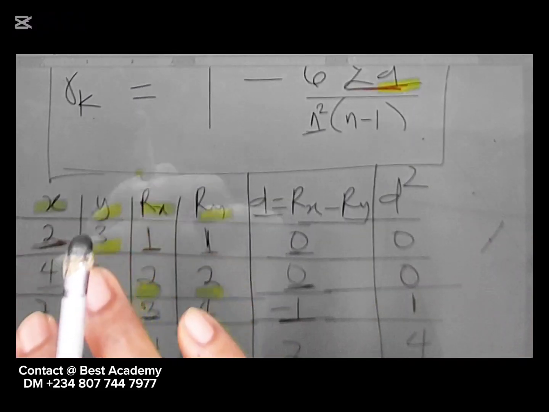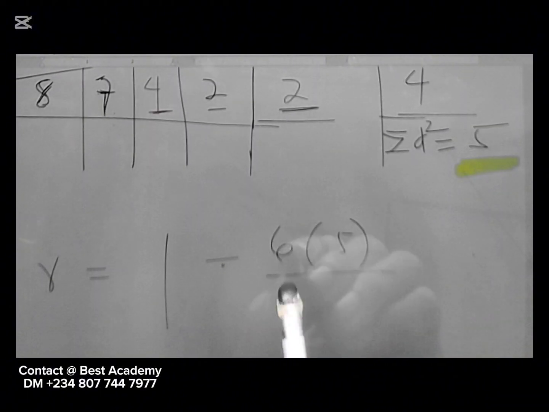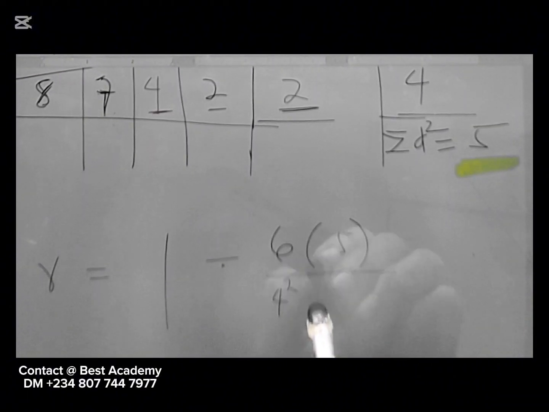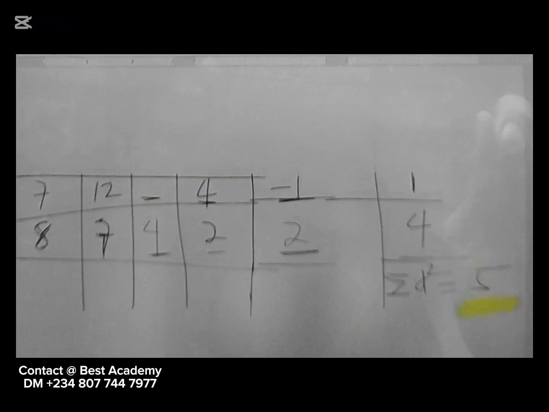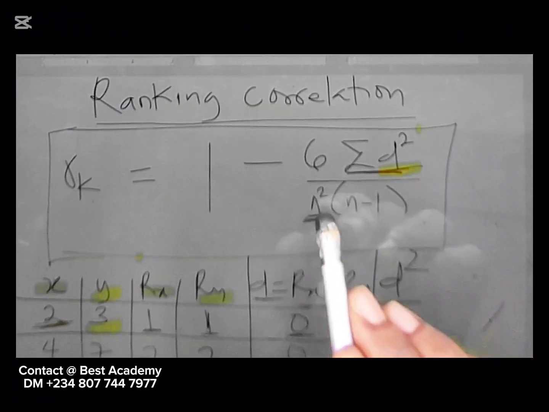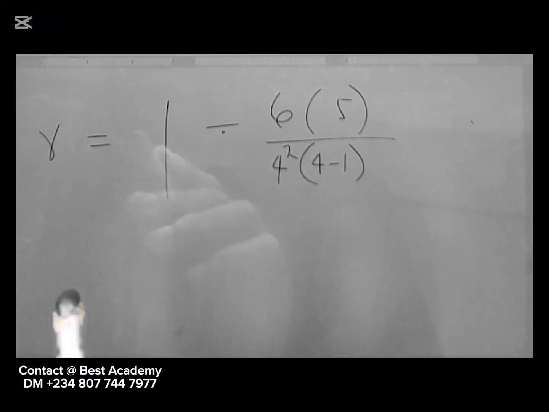How many? 1, 2, 3, 4. Okay, our n is 4. That is 4 squared into 4 minus 1. Okay, that is what n represents in the formula.